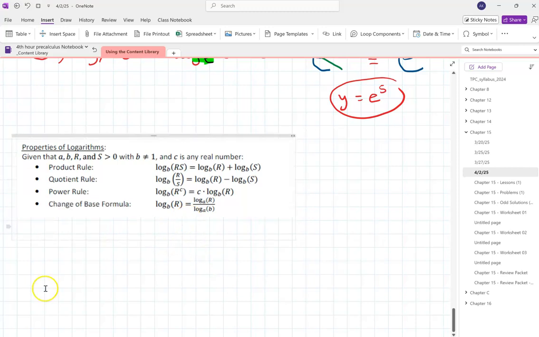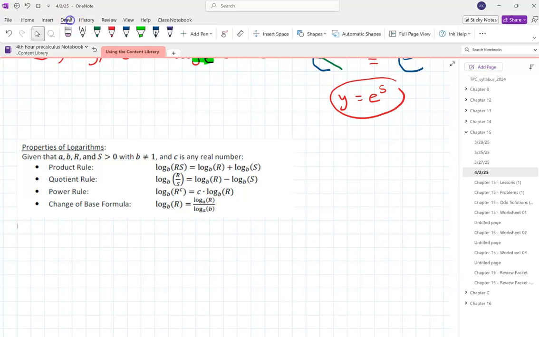So these first three are our major three that we use. This last one is not as relevant to us because of the calculator that we have access to. When I was a student, we used the heck out of it, because you know how you did a logarithm when I was a student?